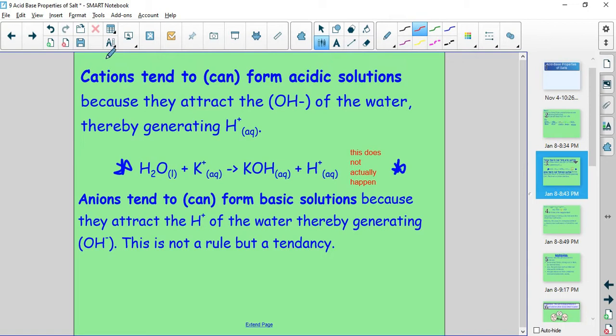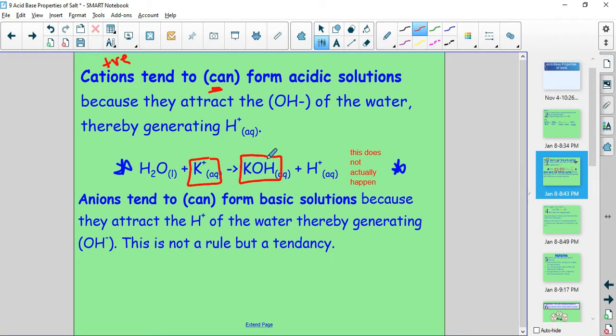Cations, positive ions, can tend to, but not necessarily, form acidic solutions. How? Because they can attract the hydroxide of water. Let's just pick any positive ion, for example, here. A positive ion, a cation, in the presence of water can pull out hydroxide.